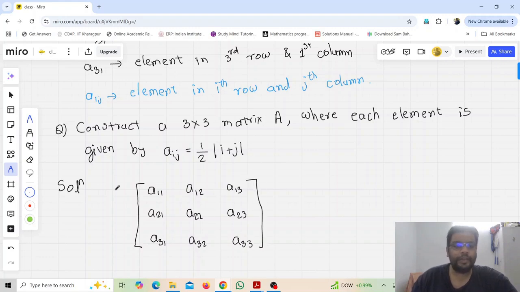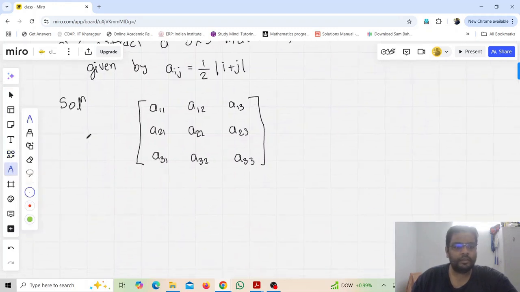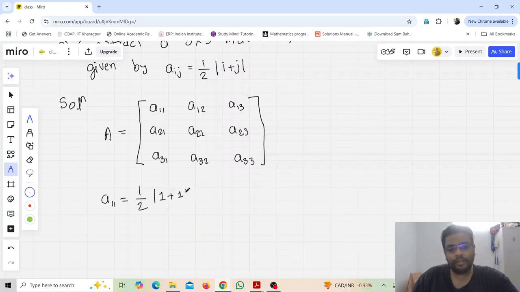And now we have to identify each and every element here, right? So what we can do, A11 will be how much? Half of i is equal to 1, j is equal to 1. So 1 plus 1, which is equal to 1 by 2 of 2, which is 1.